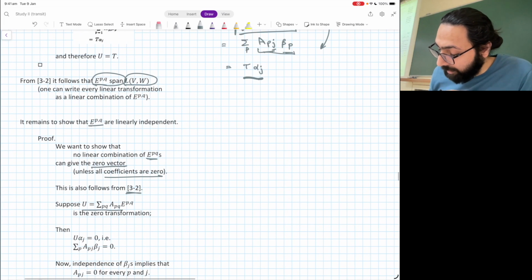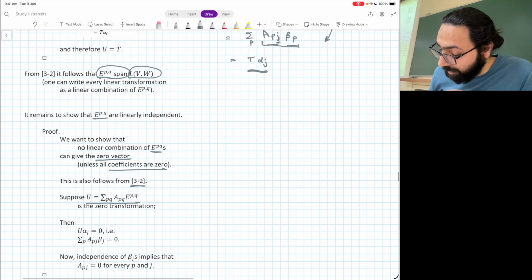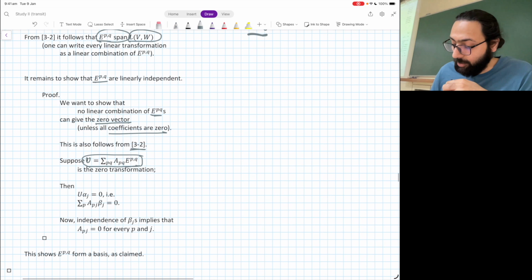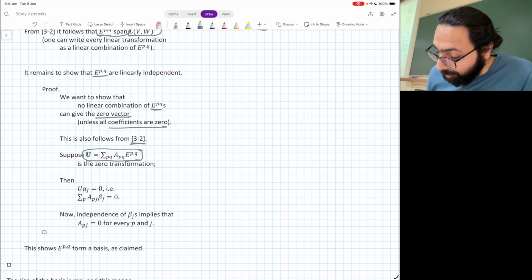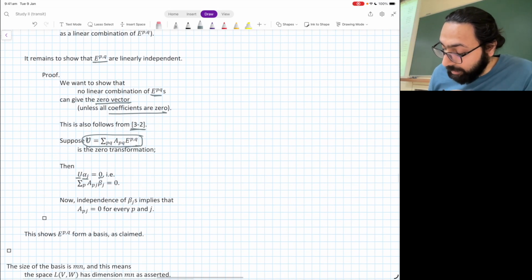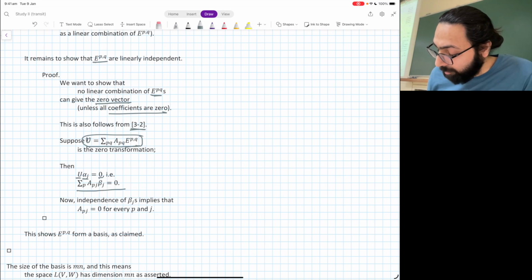Suppose there is some operator U that we write in this form, and suppose this is the zero transform, the thing that will give you zeros. What that means is that U acting on any vector alpha J should give you the zero vector. And what does that mean? It means that this linear combination, I think I messed up the index, this should be J.